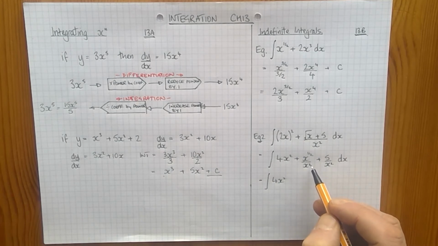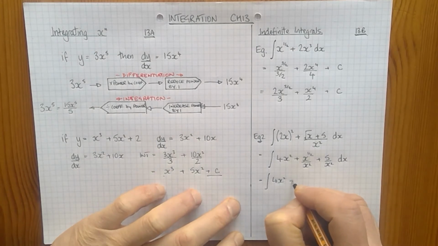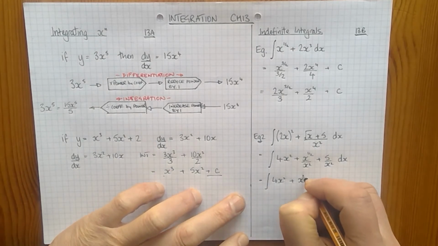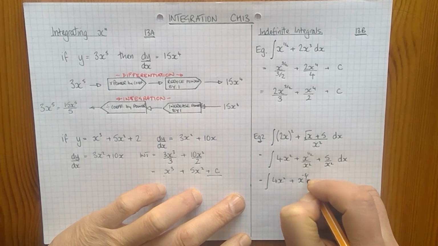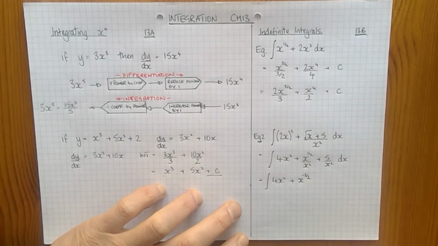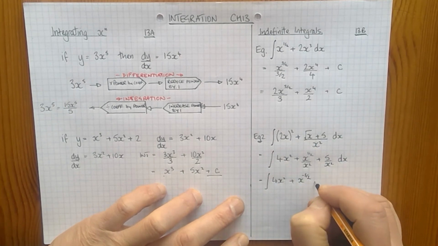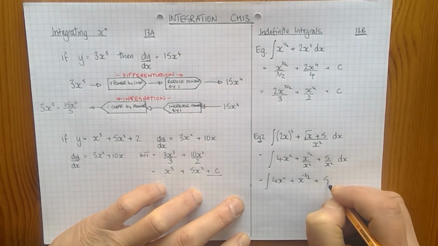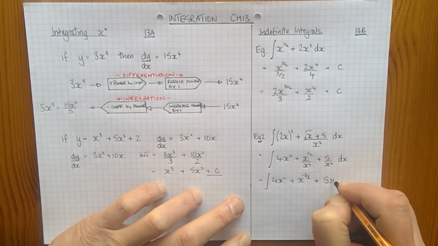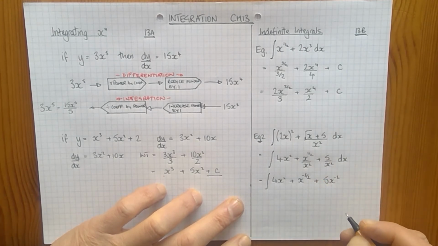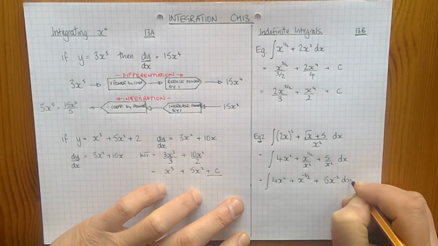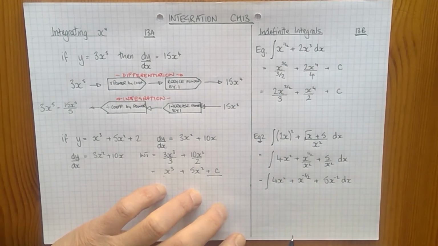So I've got half take away 2, which will be minus 1.5. So that's going to be plus x to the minus 1.5. Much happier writing it as minus 3 over 2. And the divide by x squared is the same as 5x to the minus 2. That's much easier to deal with.